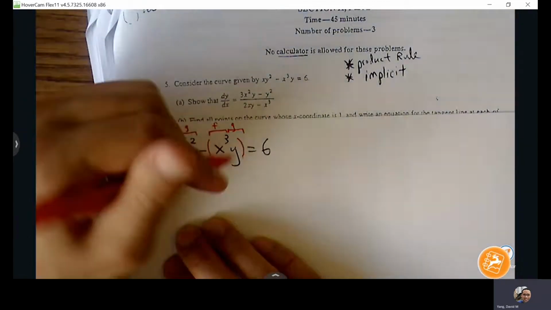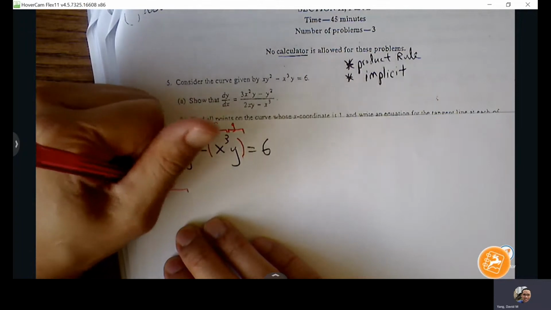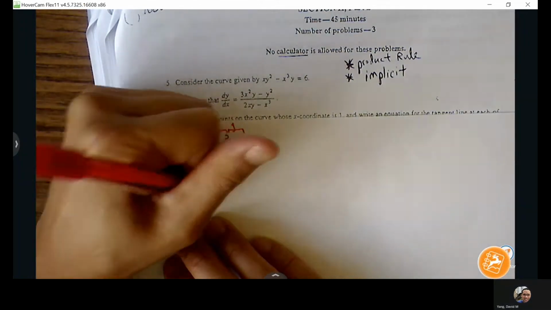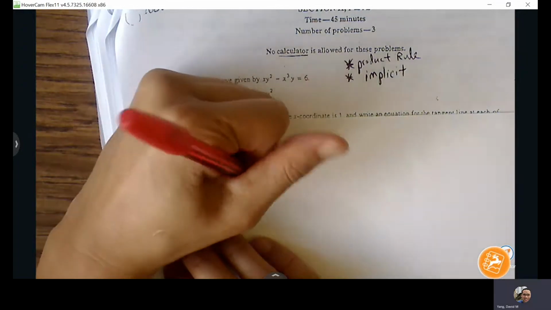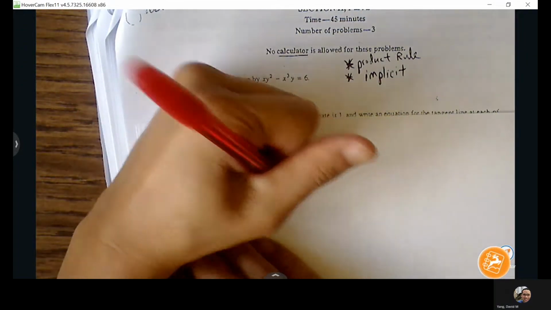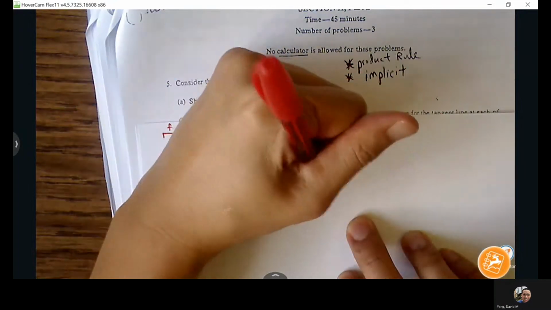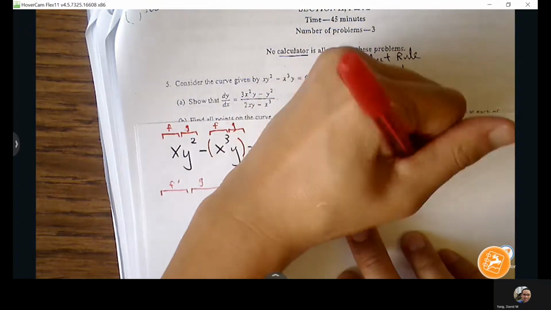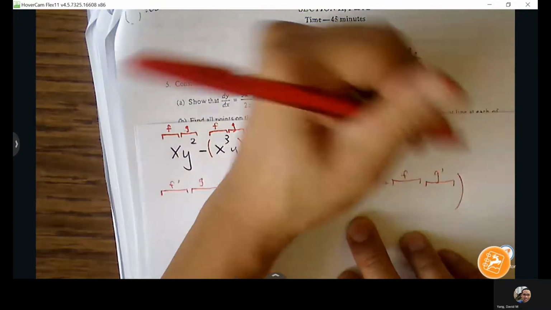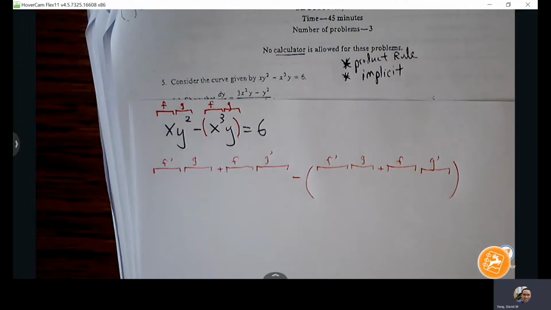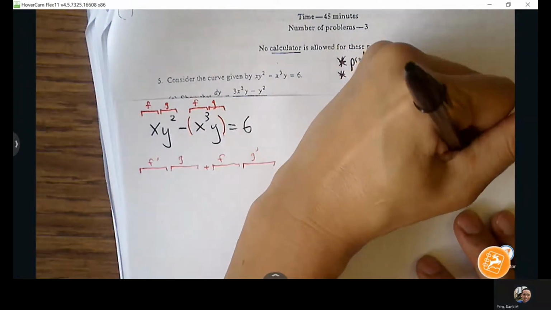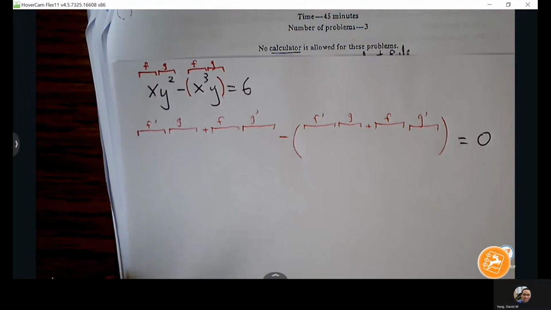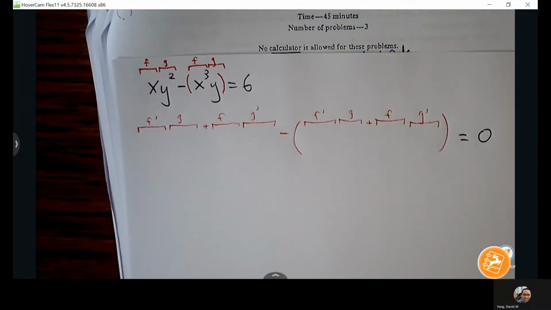It's going to kind of feel extended because we have two sets of product rule going on here. Okay, does that setup make sense? Okay, so see how much you can fill in within those spaces there.